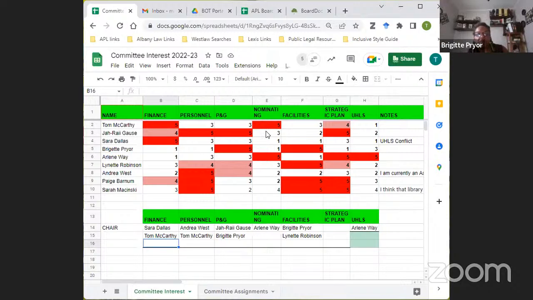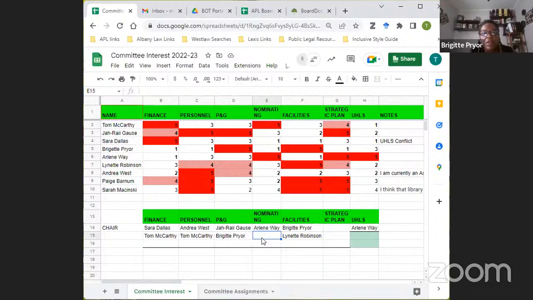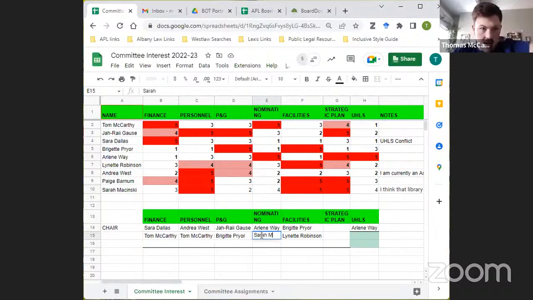Okay, so I'm noticing that for nominating, I'm the only person who put 5 other than Arlene, but since I'm doing finance and personnel, I don't think I'll serve on the nominating. Well, Sarah is number 4. So I think we can put Sarah in there.